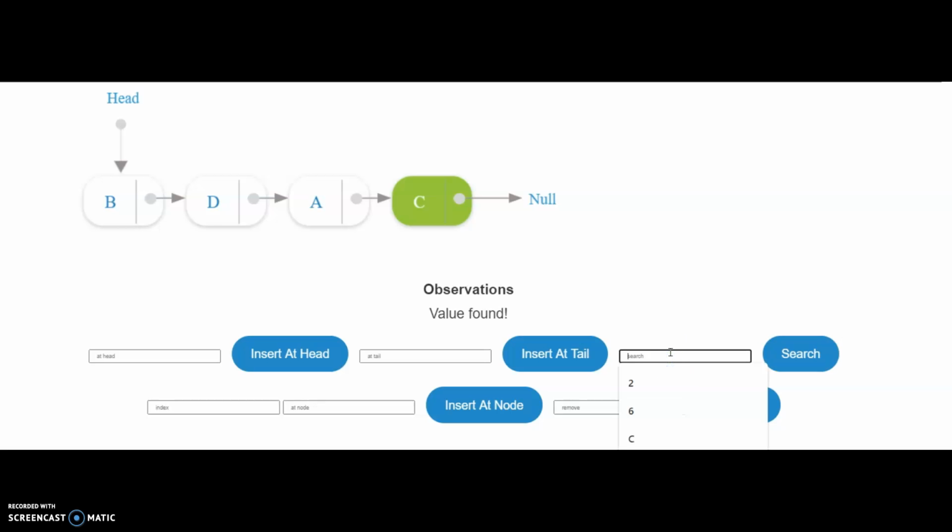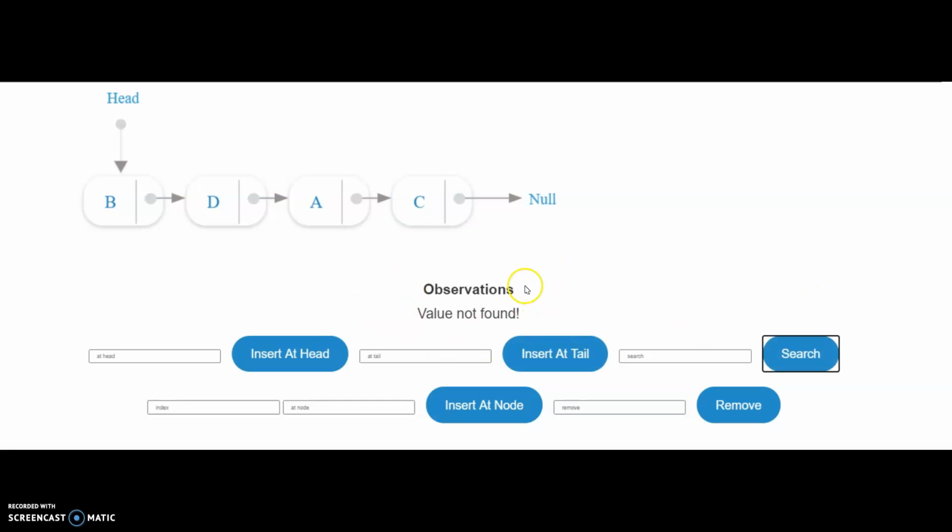For example, assume that I give a value 2 as my search element. In this situation, it navigates through each and every node and says the value is not found. Similarly, if we need to delete any element, we can give an element name.